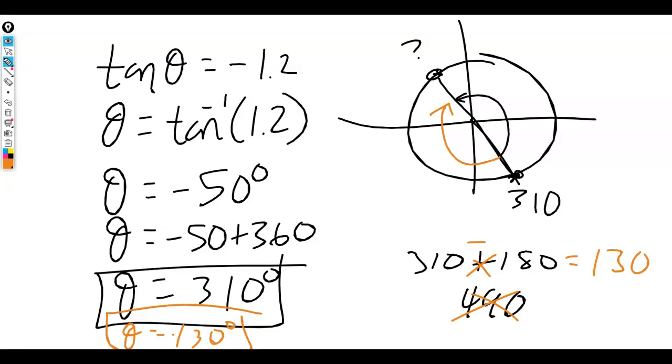Okay, let's do one more example. How about cotangent? We haven't looked at a cotangent example yet. Let's say cotangent equals 4. Well, not too surprising. When it comes to the weird trig ratios that are not actually on our calculator, we always change them into the reciprocal things, right?